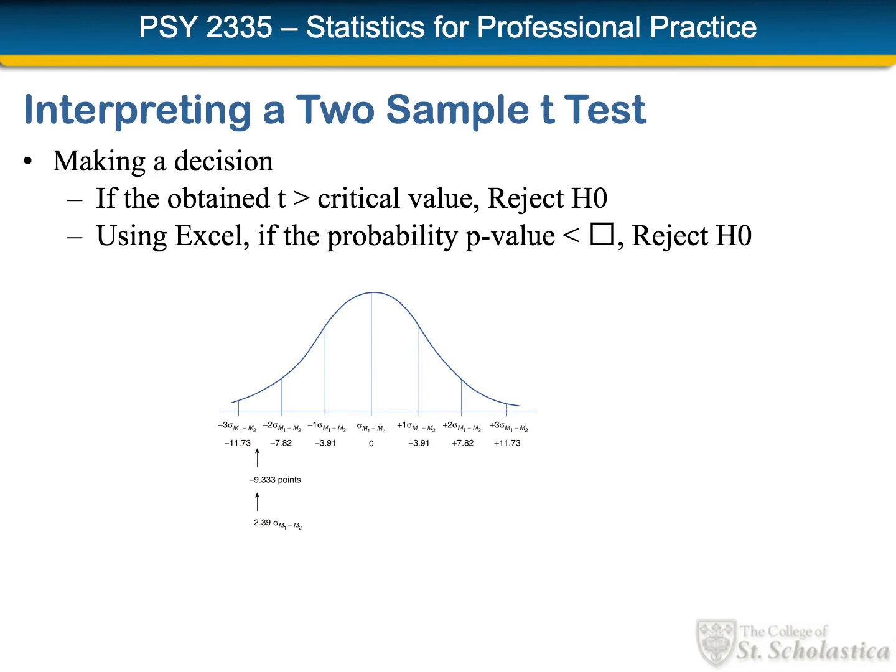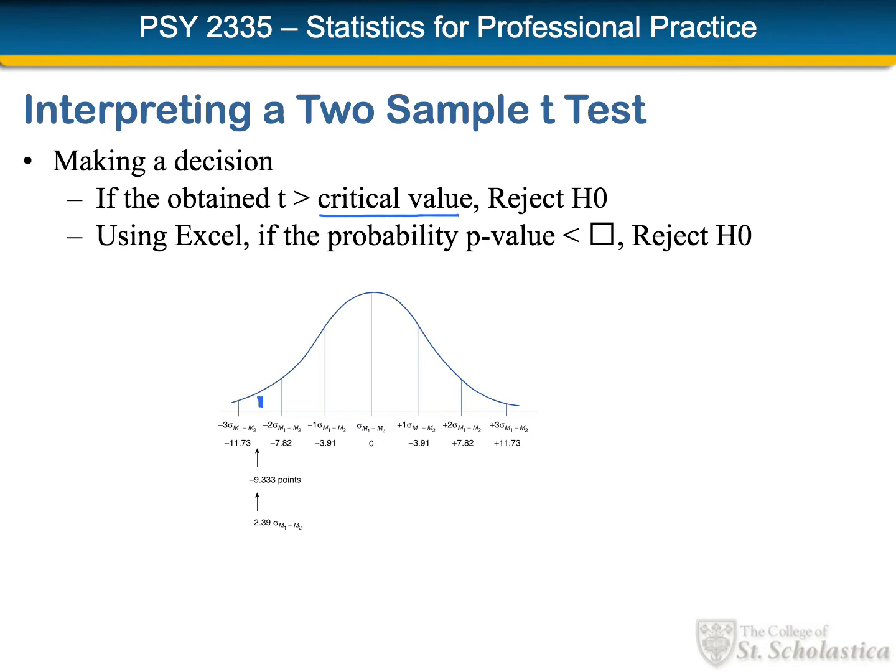There are two ways we can go about making this decision. In the textbook, we're shown the actual t-value and then encouraged to compare it to a critical value that we find in the table at the end of the textbook.